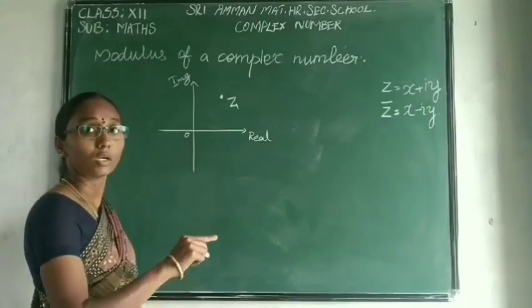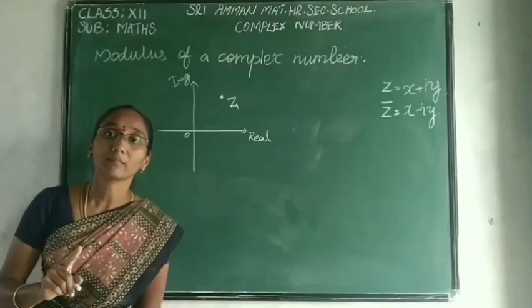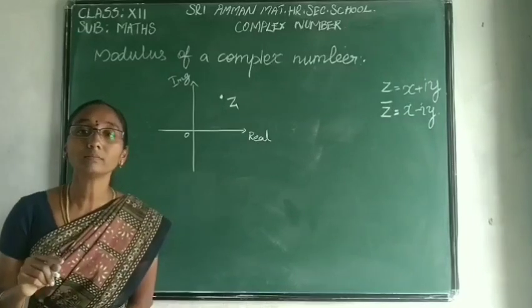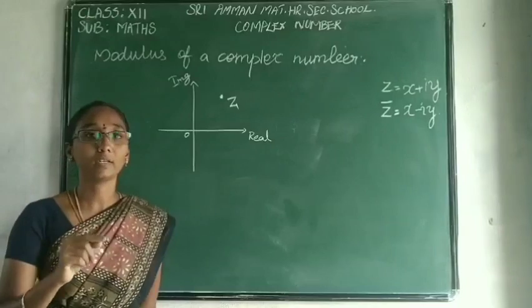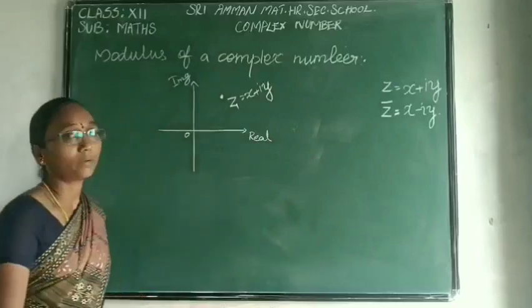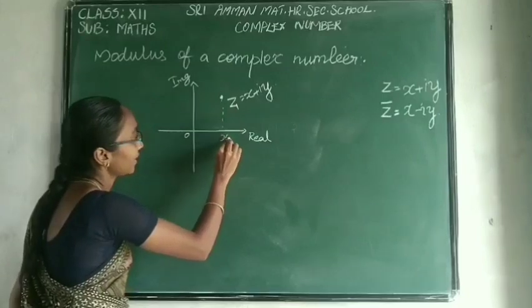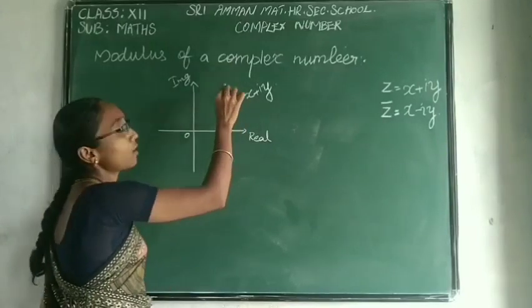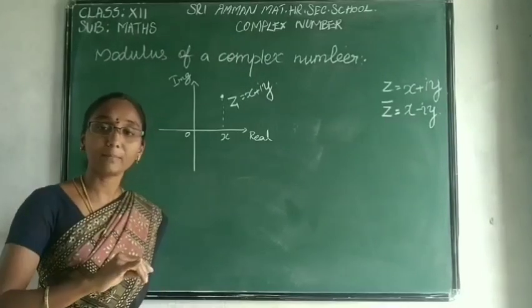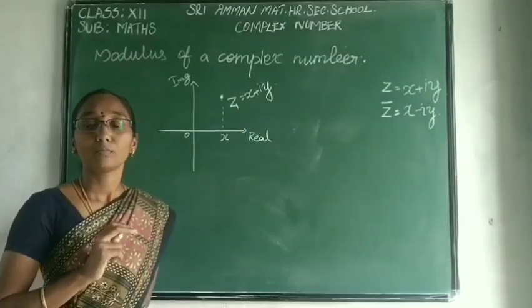Now you consider the complex number Z. How do you represent that complex number? It is represented as x plus iy. Listen, this value is x. The complex numbers are represented by an ordered pair, and this complex number is a position vector.